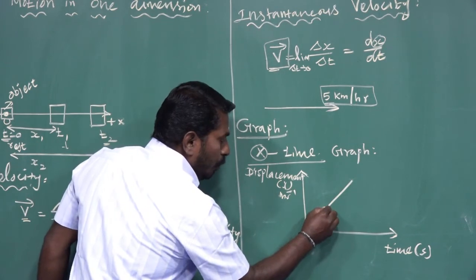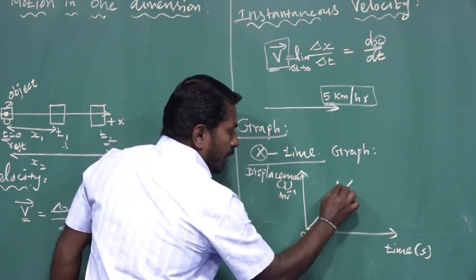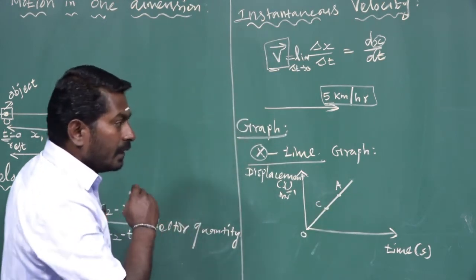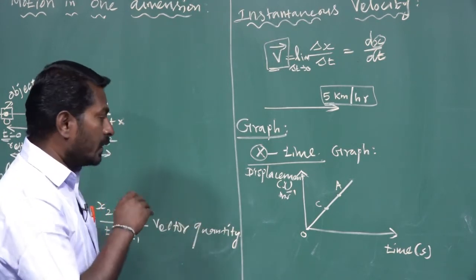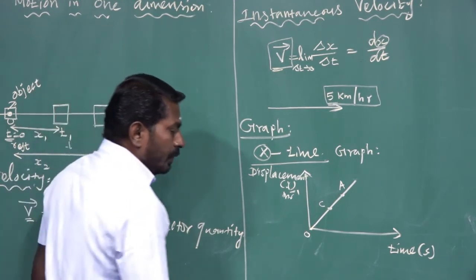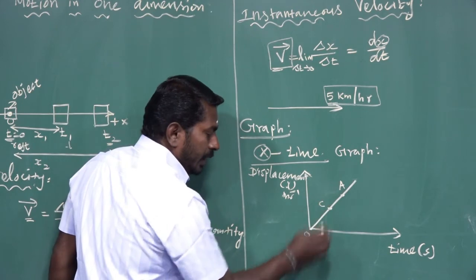Let me assume two points on the straight line, A and C. If a body travels in one dimension, either the x-axis, y-axis or z-axis, the body's motion is said to be one-dimensional motion. We get a displacement versus time graph, a straight line.